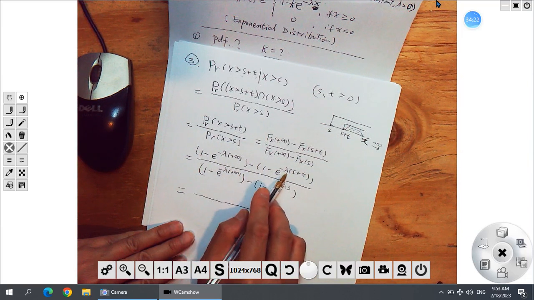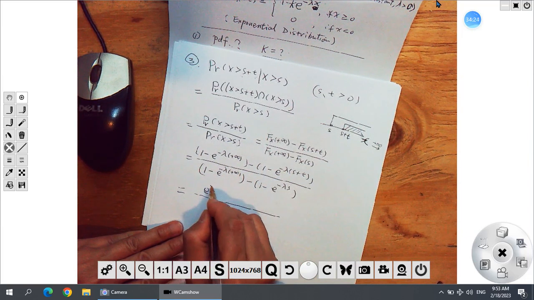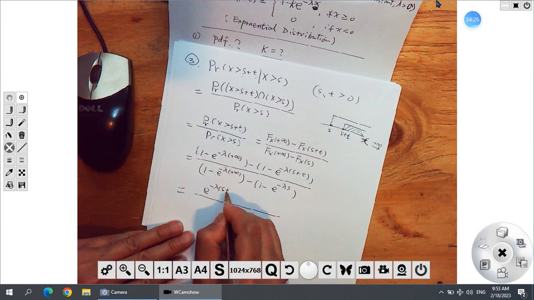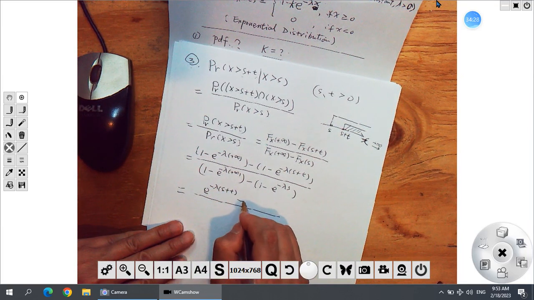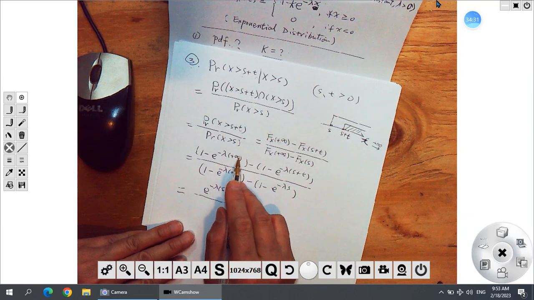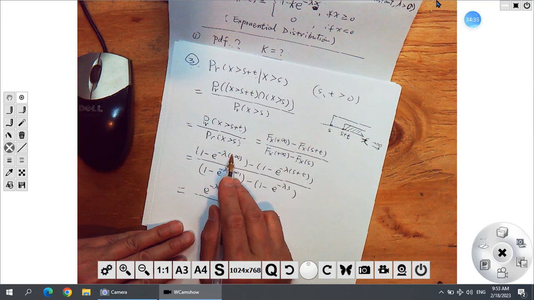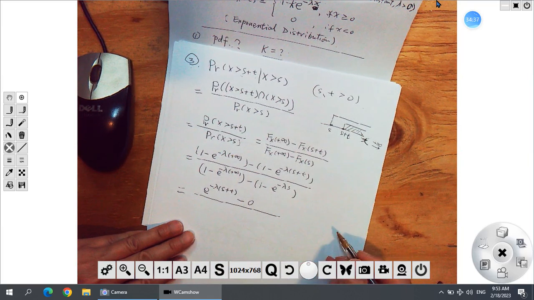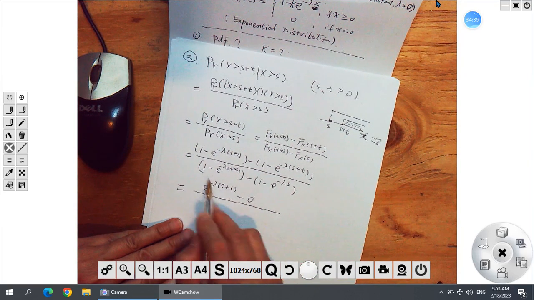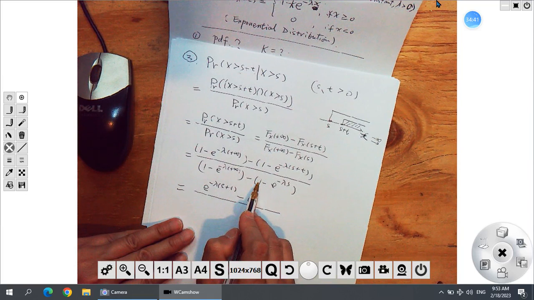This is positive, I put it in the front: e to the negative lambda s plus t, and the minus. This is infinite, so this is 0, right? Negative e to the negative infinite is 0, so it is minus 0. And in the denominator the 1 and the 1 cancel, and this is positive, I put it in the front.